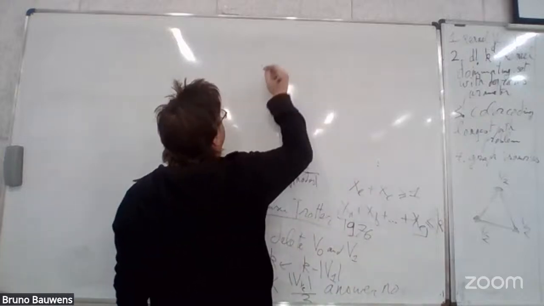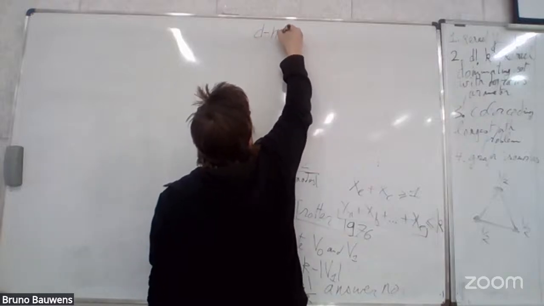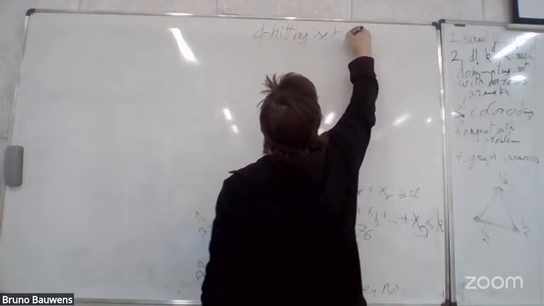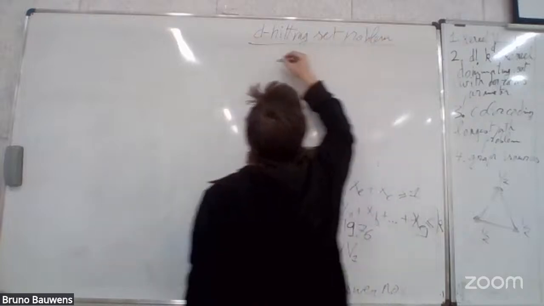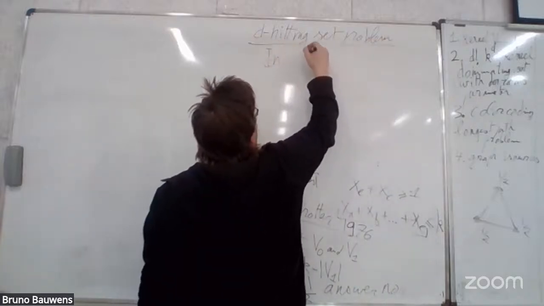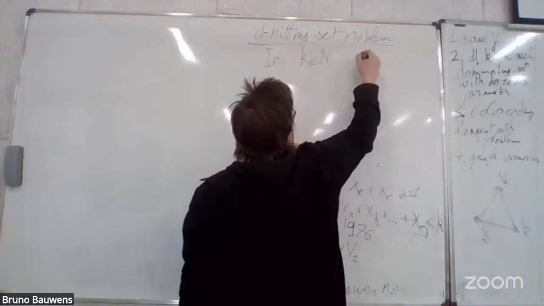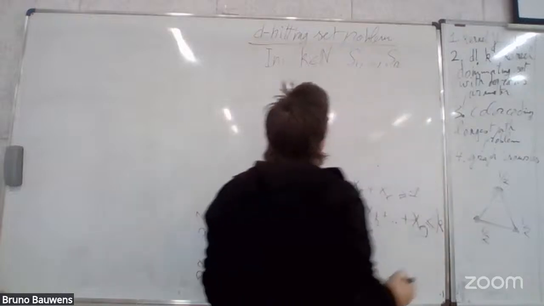So in the d-hitting set problem, the input is a parameter k and a list of sets S1 till Sn.